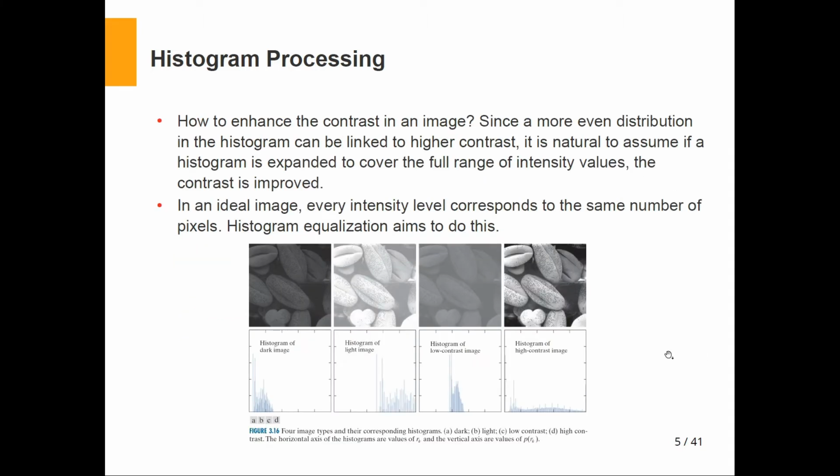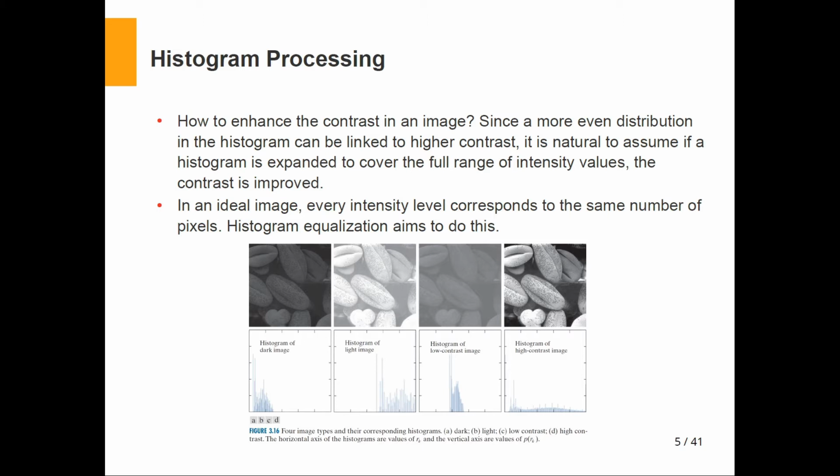So now the question becomes how we can enhance the contrast of an image, since generally speaking, a more even distribution of the histogram is linked to higher contrast. So it is very natural to assume that if a histogram is expanded to cover the full range of intensities, the contrast is going to be improved.